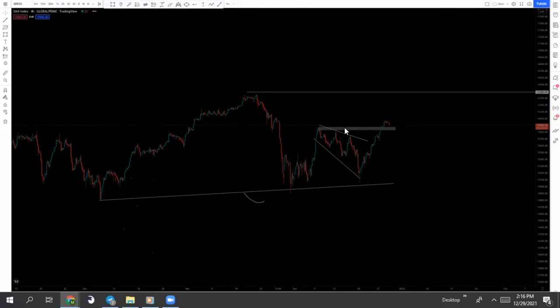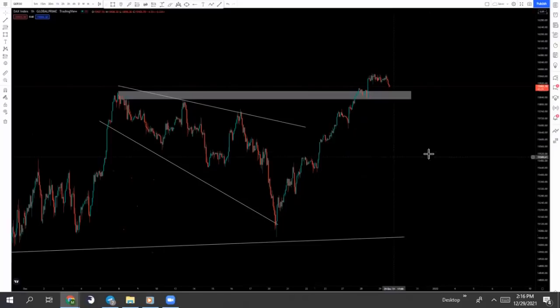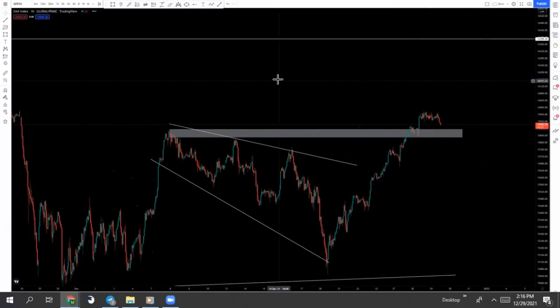On the 1 hour, anything is possible, guys. We had an impulse going up, so we're gonna take this thing as a correction. Do you understand, guys? This thing is our correction, and there's a lot going on with it. So I feel like we're gonna go long.